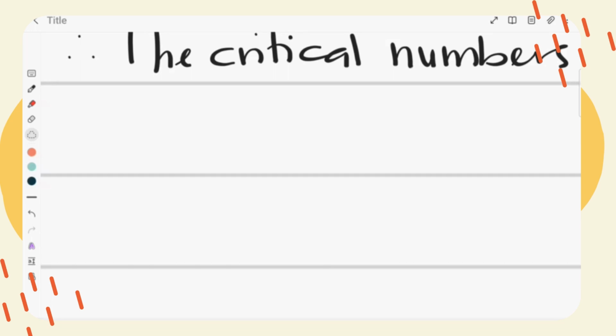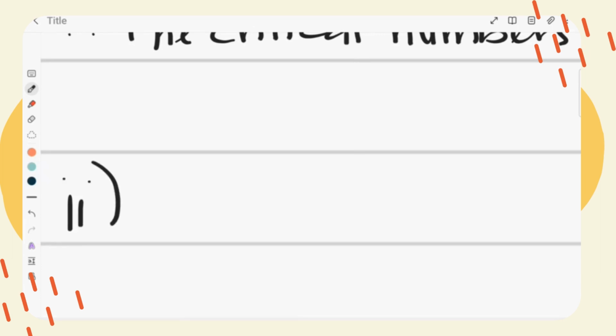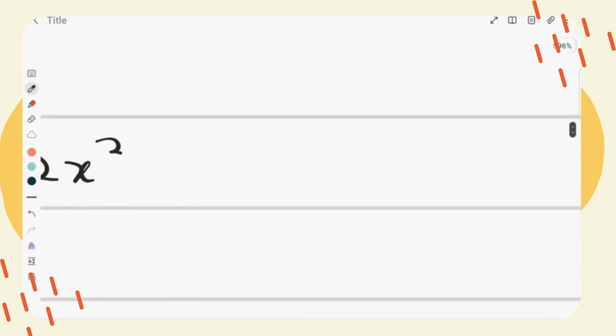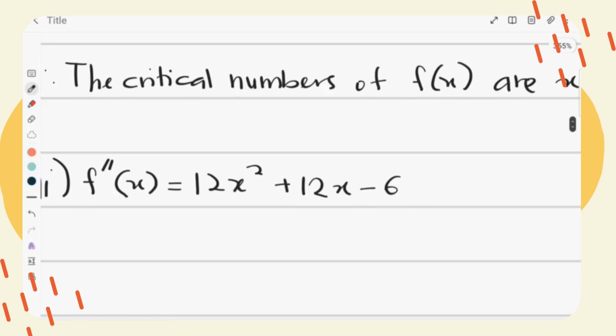So what we're going to do is find our second derivative of function f(x), which is 12x squared plus 12x minus 6. So this is our second derivative of function f(x).